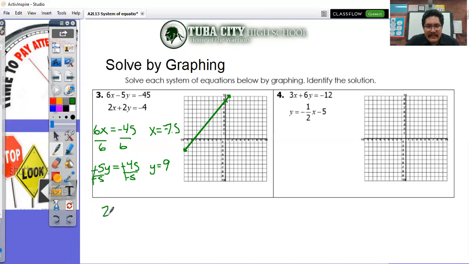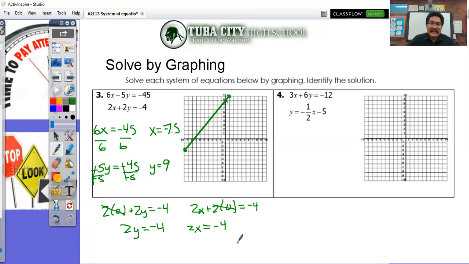So I'm going to do the same thing: 2 times 0 plus 2y equals -4, and then 2x plus 2 times 0 equals -4. So again, I'm going to make each of them take turns being 0. And this cancels out here, and this cancels out here. 2y equals -4, and 2x equals -4.